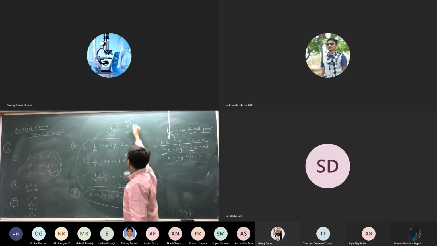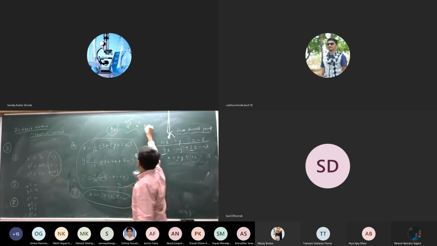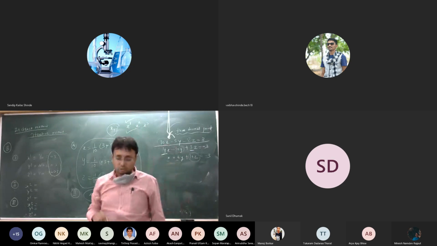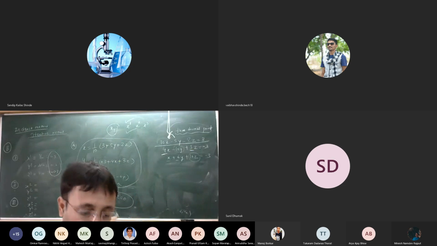So consider x1, x2, x3 at the top. It will be better. Depending on you, how you are going to handle this kind of problem in the examination, and which notation would be compatible, you should take. I have suggested that at the top position, if you write the number, it will be more appropriate, I think.